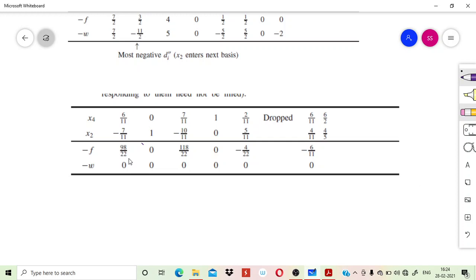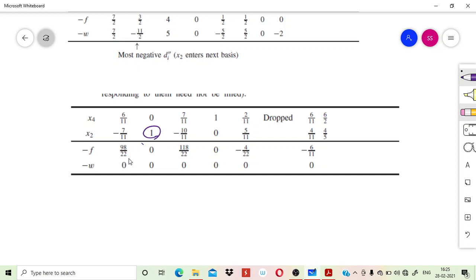In this column you have the pivot position, you have made it 1, and the remaining entries are made 0 by suitable row operations.